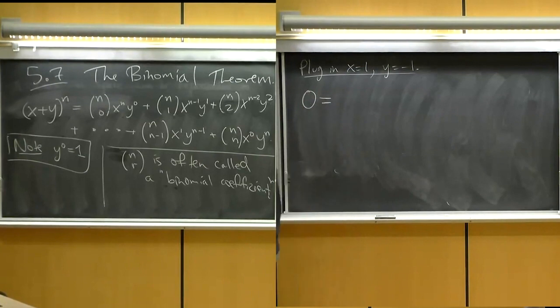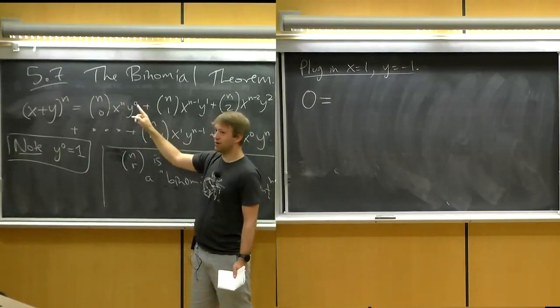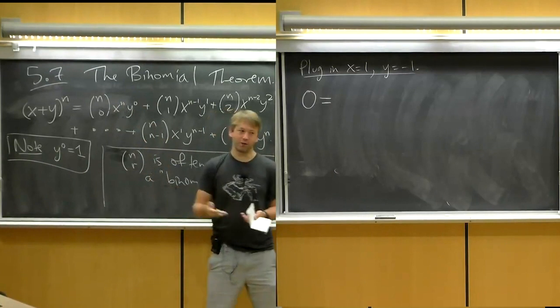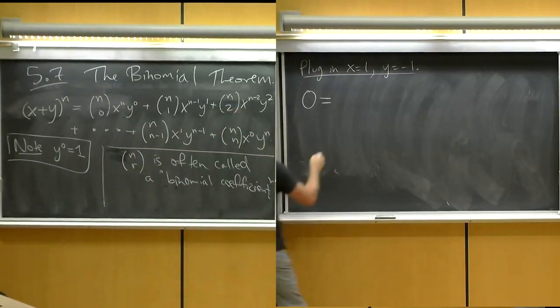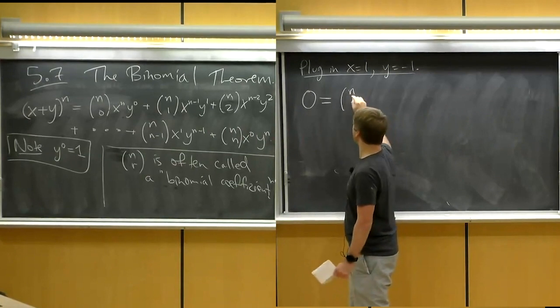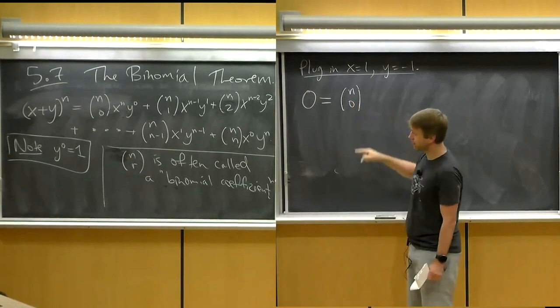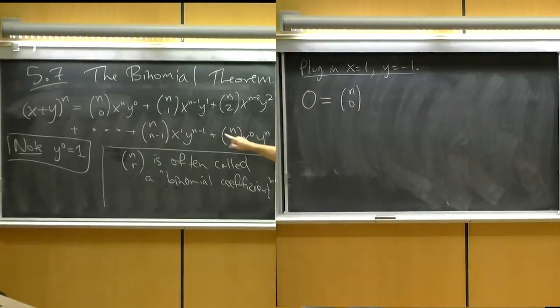And then on the right side, we get something kind of interesting. The first term is 1 to the n, negative 1 to the 0. Anything to the power 0 is 1, except for arguably 0, but let's not worry about that. So this would be n choose 0. The next term, I've got a 1 here, and I've got a negative 1, because negative 1 to an odd power is negative 1, and to an even power it's 1, right?